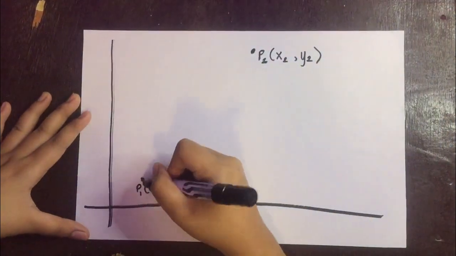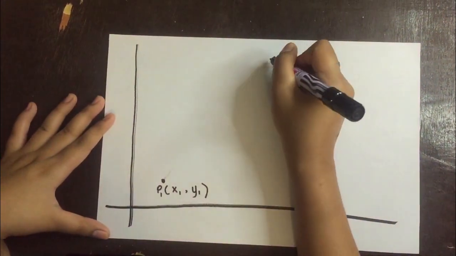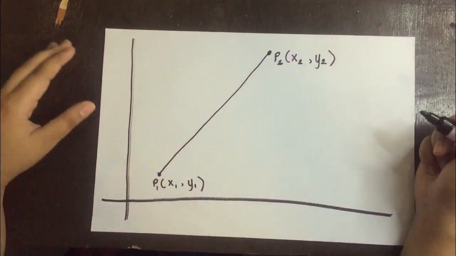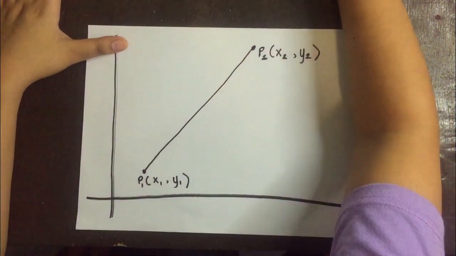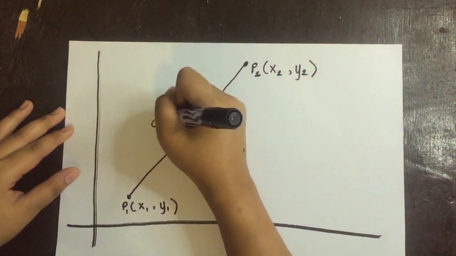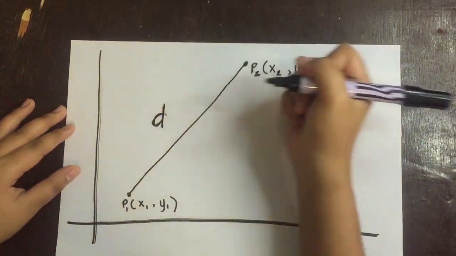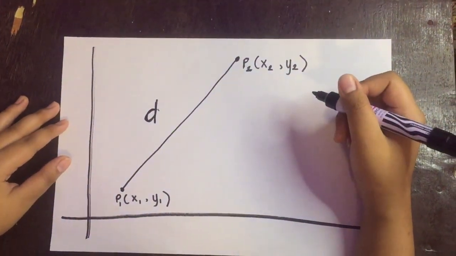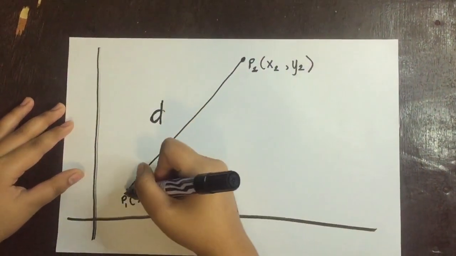So the distance formula is used to compute the distance between these 2 points. So this is D. Now, how do we compute that?